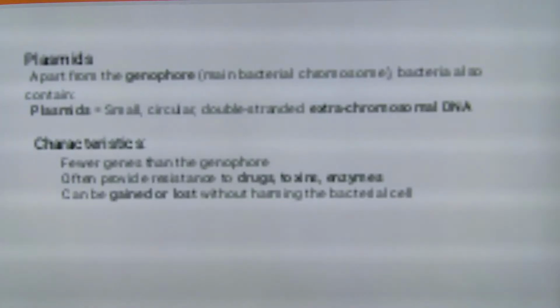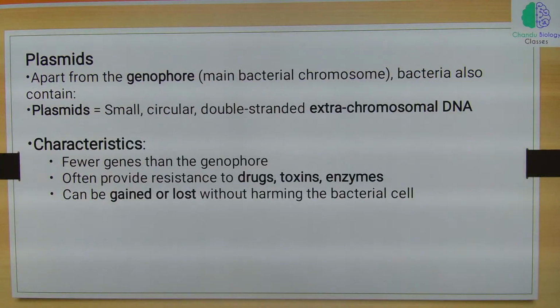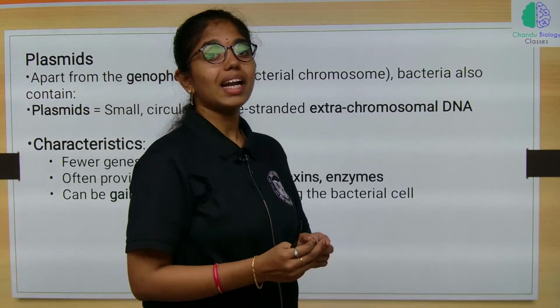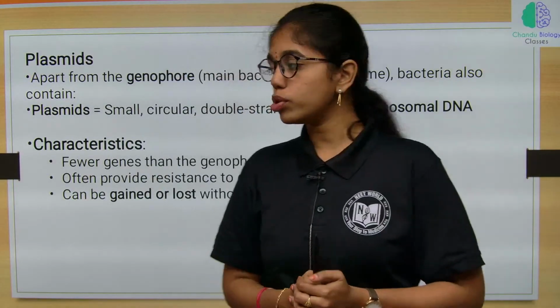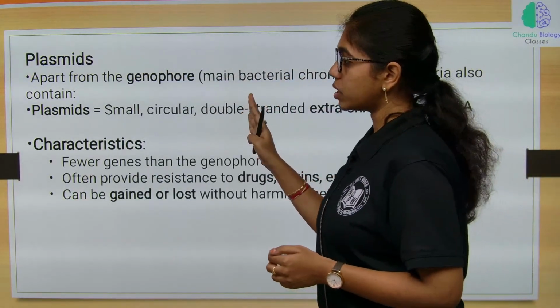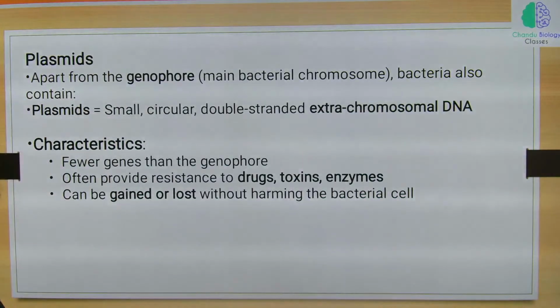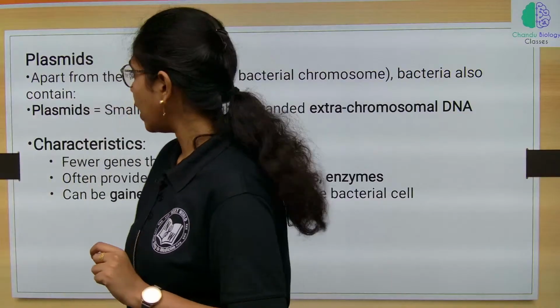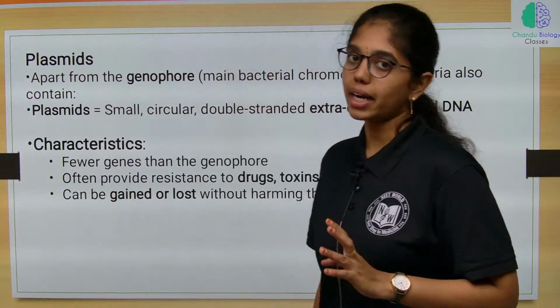Now let us look into the plasmids. Apart from the genophore, what is genophore? The bacterial chromosome, which is also called genomic DNA or chromosomal DNA. The genomic DNA is double stranded circular DNA. Plasmid DNA is also double stranded circular DNA.